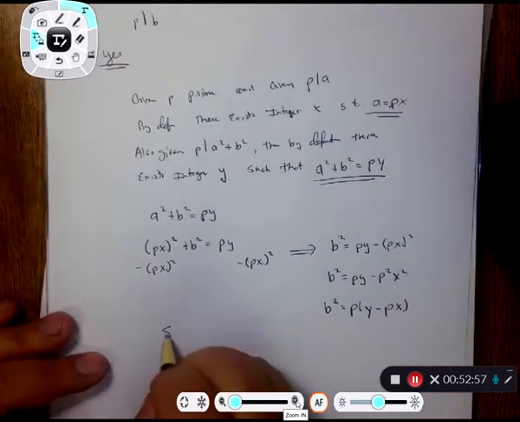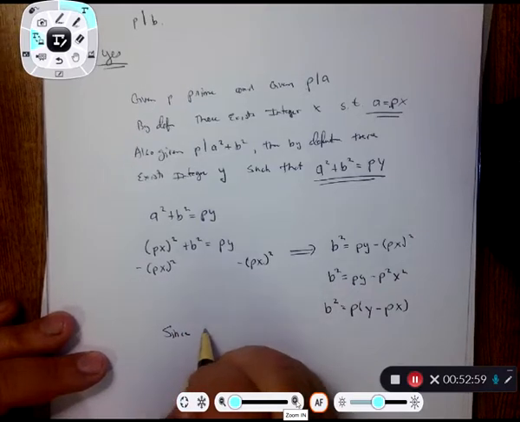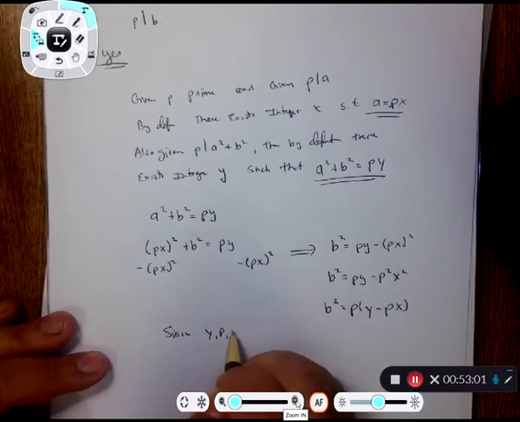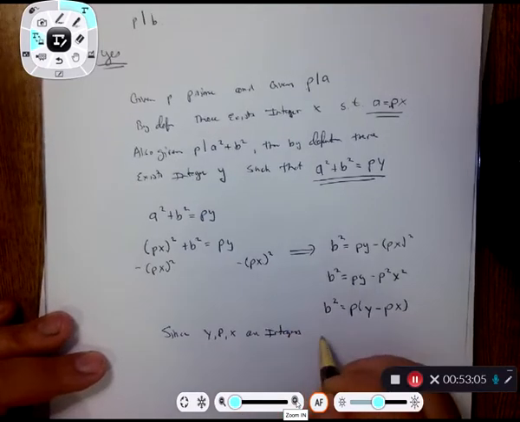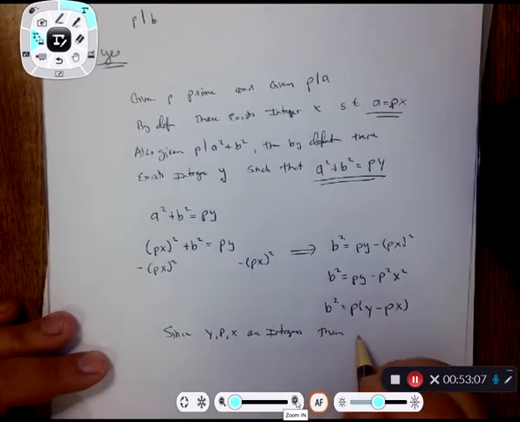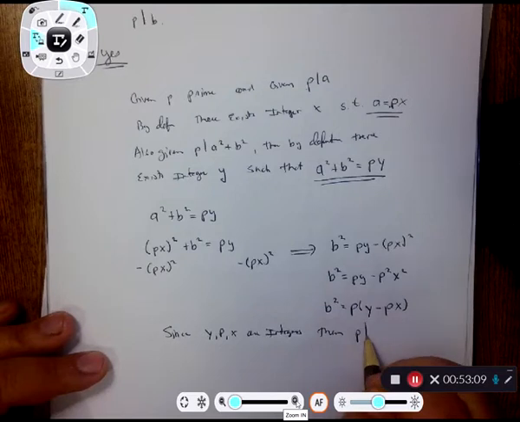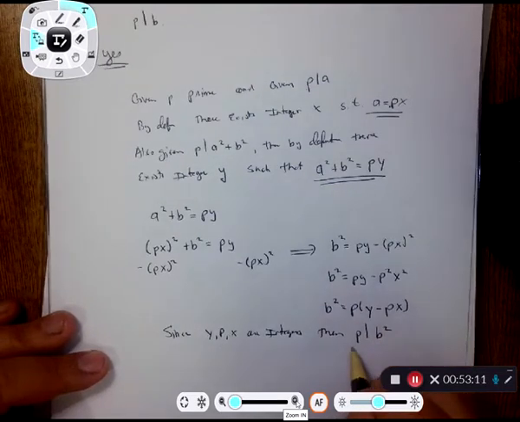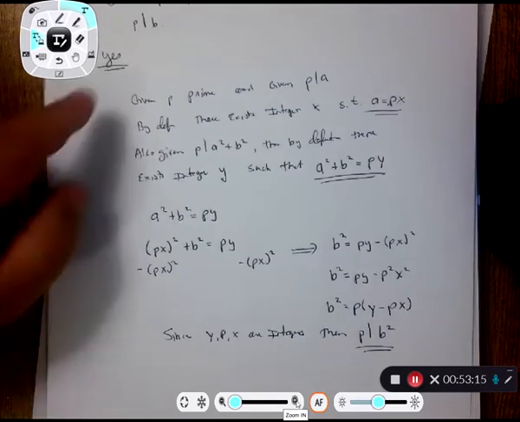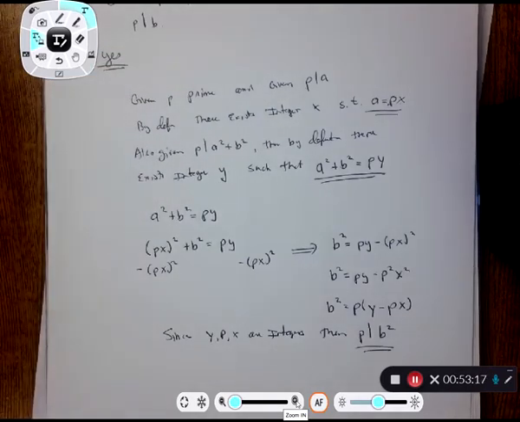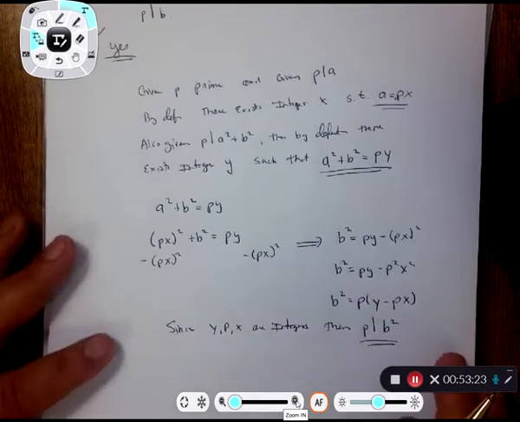Well, since y, P, and x are integers, then P divides B squared. Geez, Dr. Taylor, you're supposed to show that P divides B. You're right. But I want to remind you of something we've proved before, Theorem 1.5.